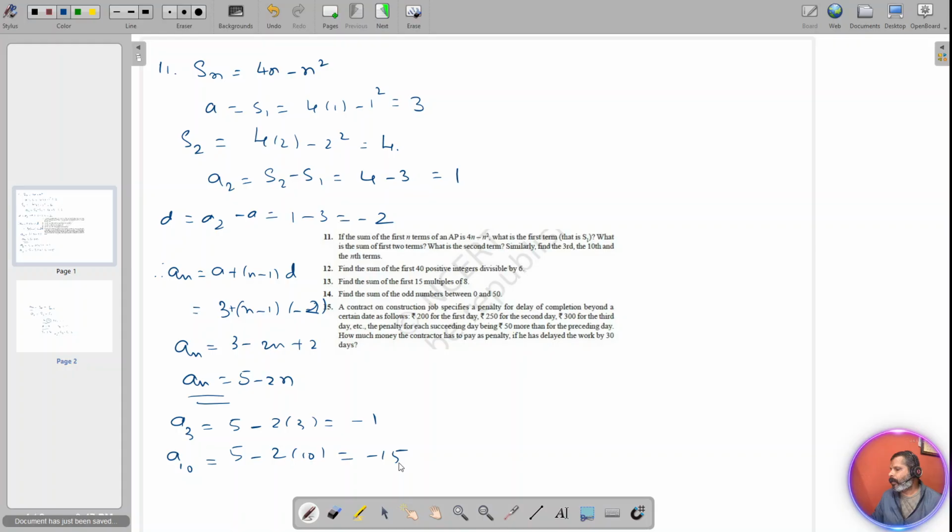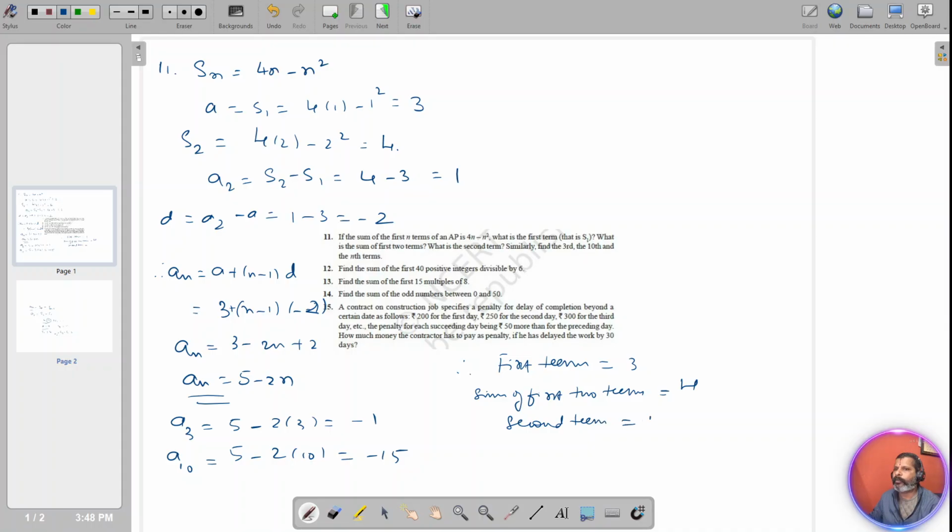So whatever they want, just write. Therefore, the first term is equal to 3. Sum of first two terms, S2, is 4.